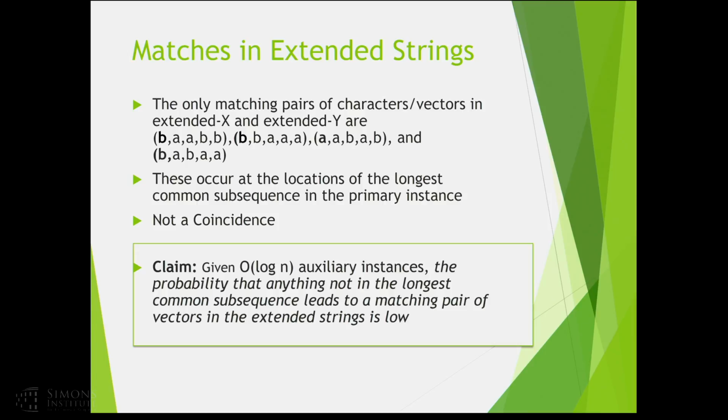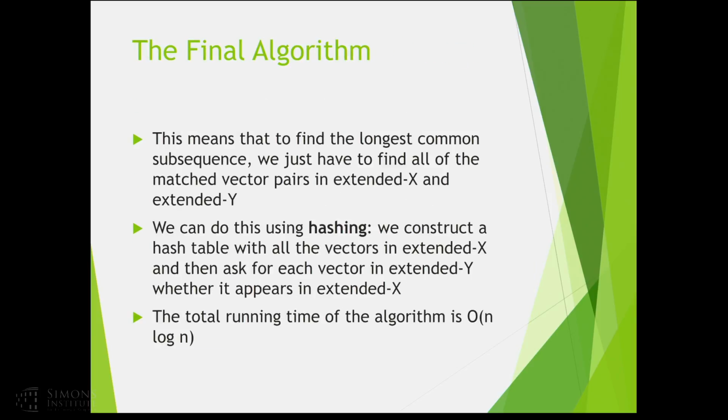But if they do match, it's going to happen with probability 1. So that means that with high probability, the set of matching pairs in the strings is going to be just the locations of the longest common subsequence. So now we just have to find all these matching pairs.